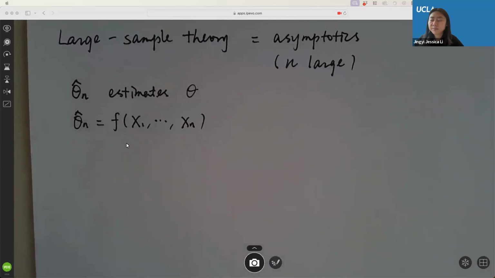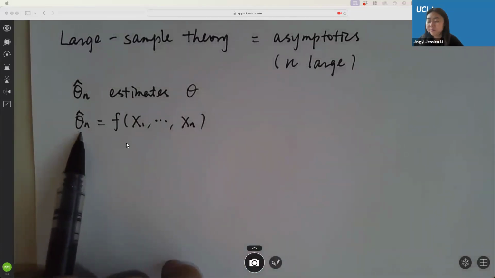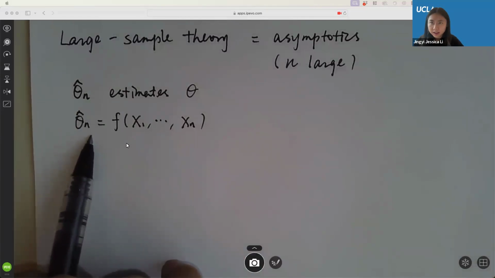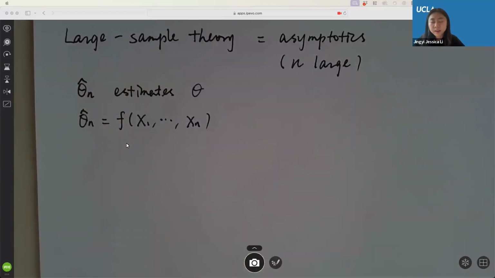So essentially, asymptotics is a way to study the behavior of theta hat n as n gets large. The mathematical framework we use for this study is large sample theory. In the old days, like I said, without computers, it's very difficult to do anything that is not in closed form.